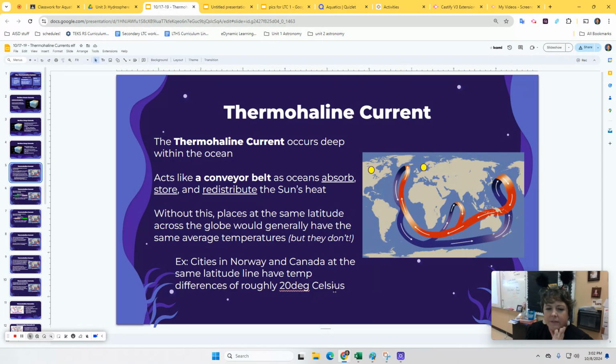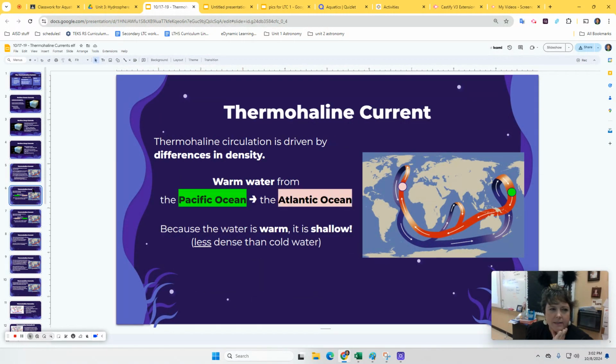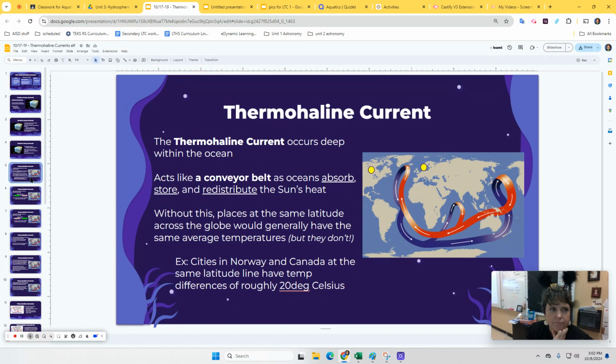That they have different temperatures, but there's also, let's see, if you look at your paper, it'll tell you San Francisco and Norfolk. So San Francisco and Norfolk, Virginia, they're at the same latitude, but San Francisco basically has its own seasons.